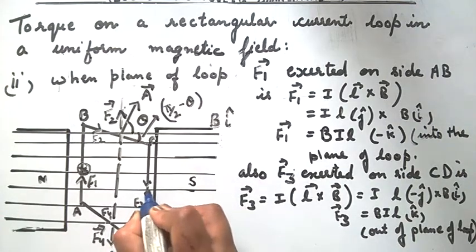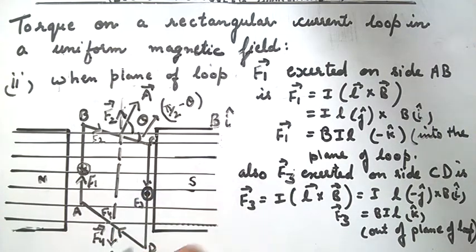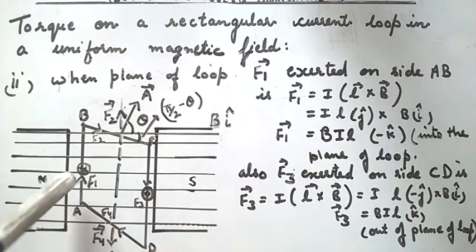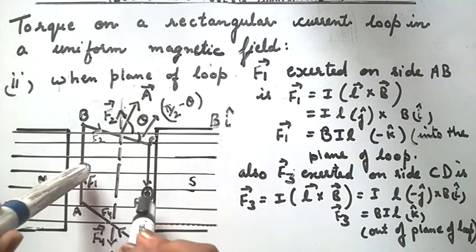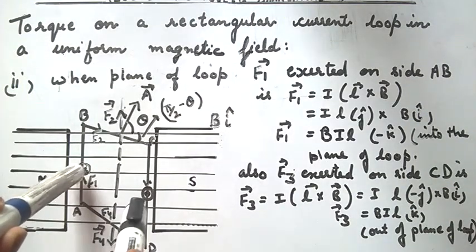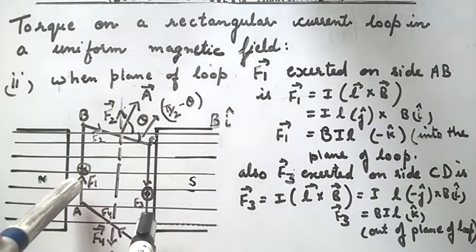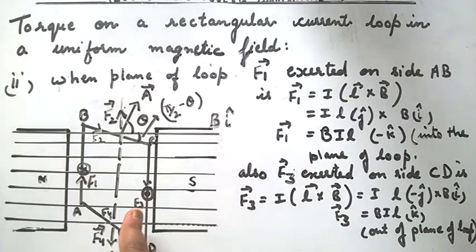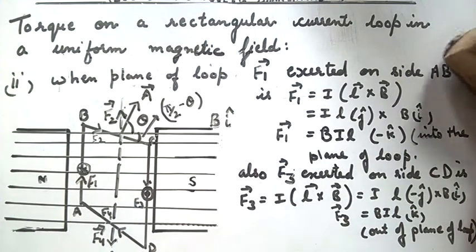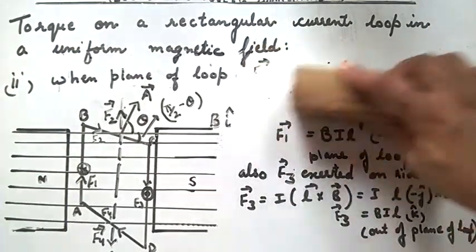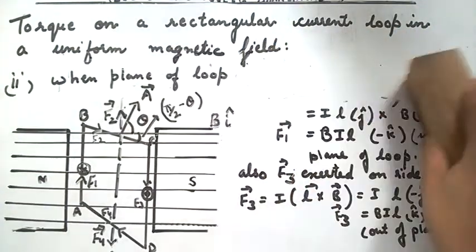Now here we can see that the direction of force F1 is into the plane and the direction of F3 is out of the plane of the paper, and their lines of action are also different. Thus, they are not collinear forces and thus create torque. Their net force is 0, but the torque is not 0.